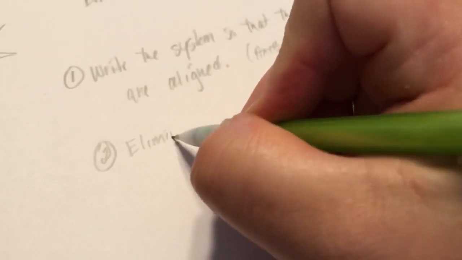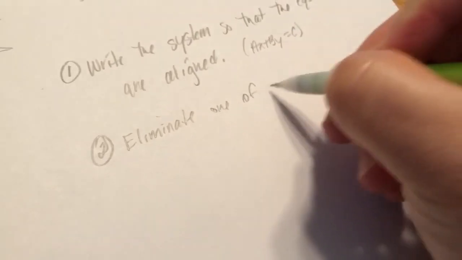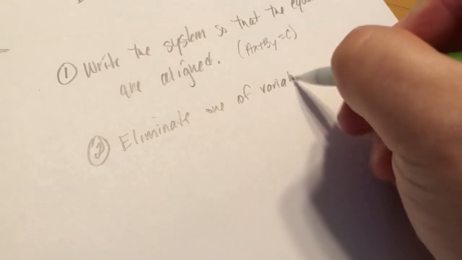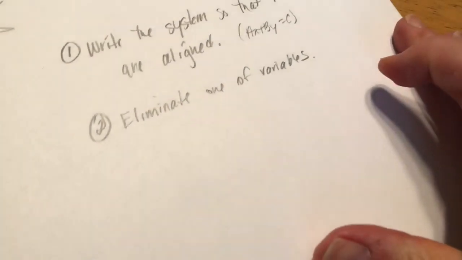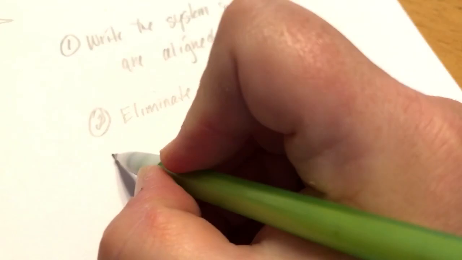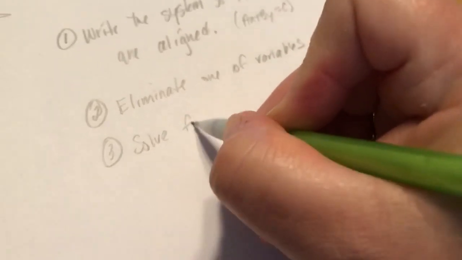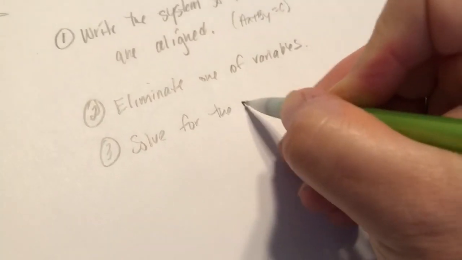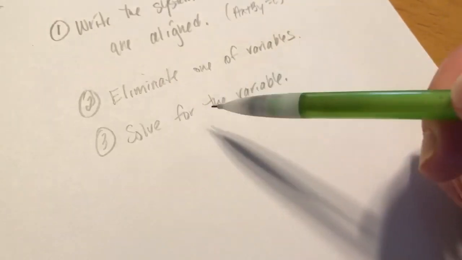Step 2 is we are going to eliminate one of the variables. And there will be stages to that process, and that's what we're going to go through. The third thing we will do is we will then solve for the variable that is left, because if we eliminate one in step 2, then we're going to have just one left.